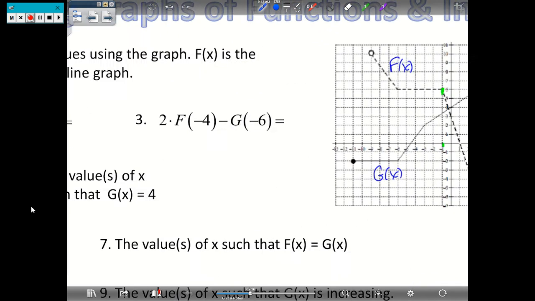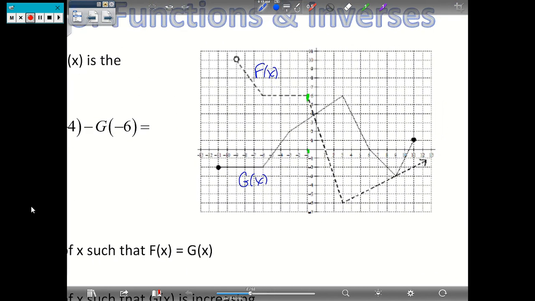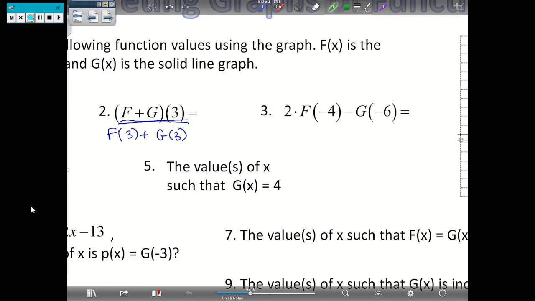So as we go over here and look at the y value at 3, here's one y value and there's the other, and we're supposed to add those together. It looks like 6 plus a -6, so that would be 0.